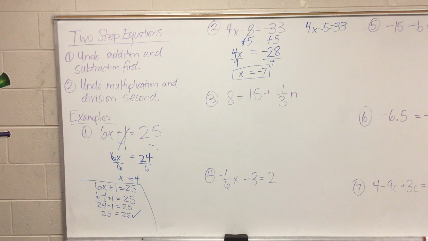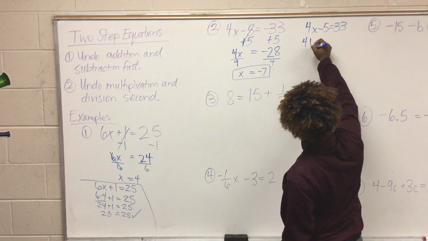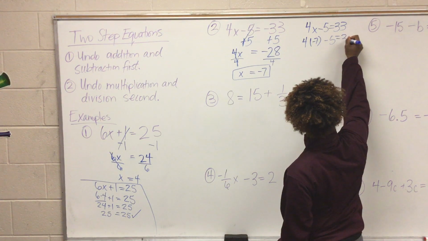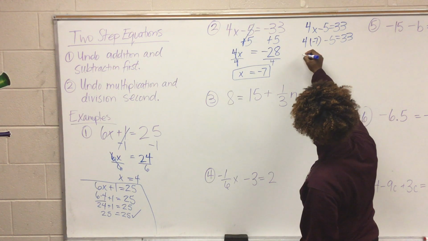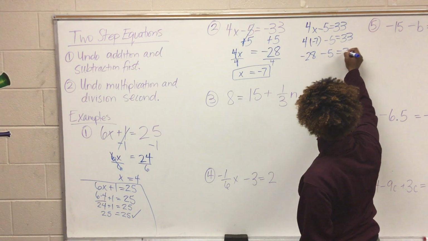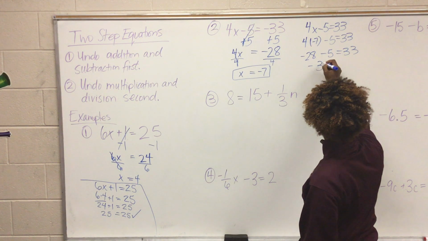Then we want to plug in our answer for x. So that's 4 times negative 7 minus 5 equals negative 33. 4 times negative 7 is negative 28, minus 5 is negative 33. Negative 28 minus 5 is indeed negative 33.